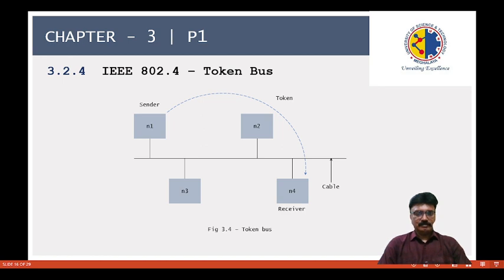Here, everything is formed in the form of a token. If N1, the sender, wants to send information or any message to the receiver, how can it take place in the bus topology?